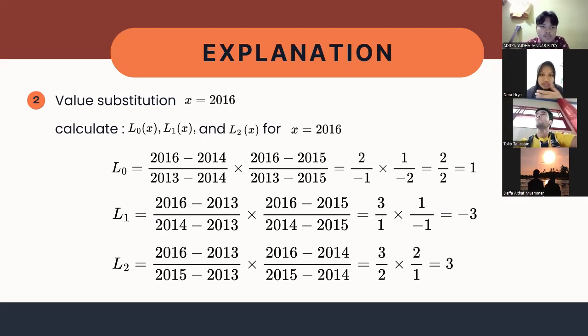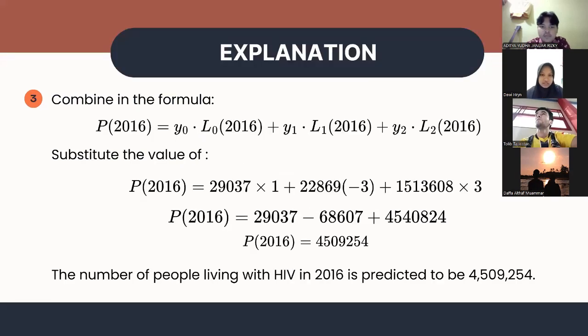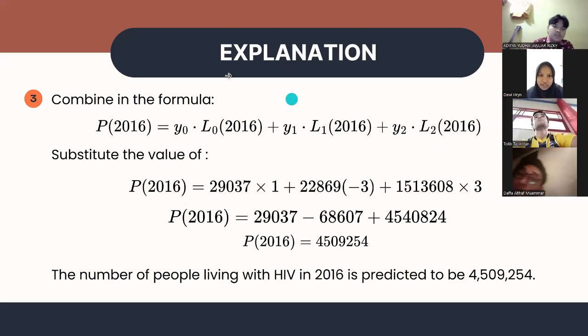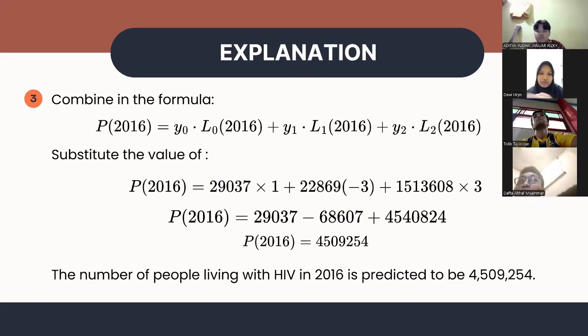So the next step is to compare with the formula. So P at 2016 is Y0 multiplied by L0, then add Y1 multiplied by L1, and add Y2 multiplied by L2.